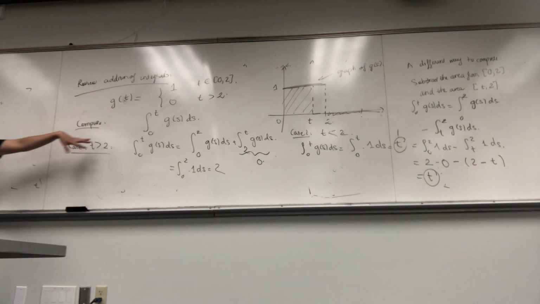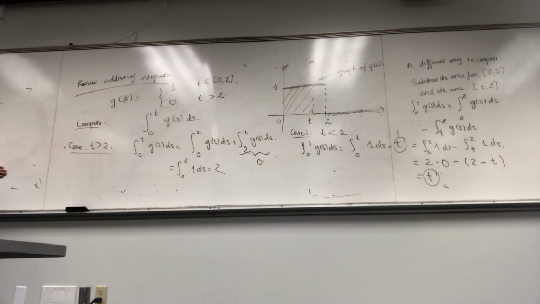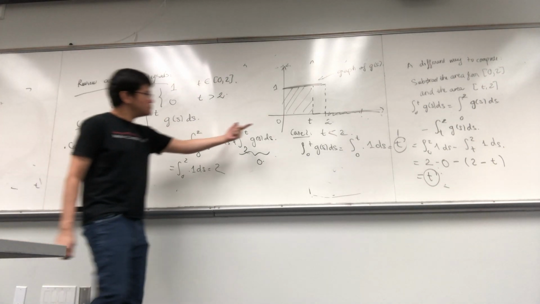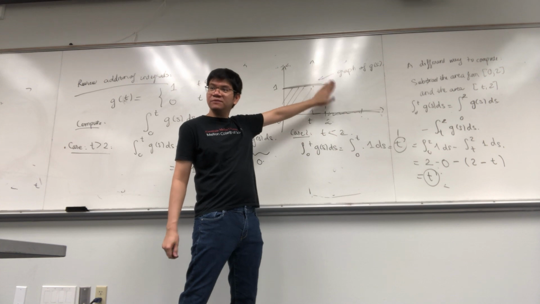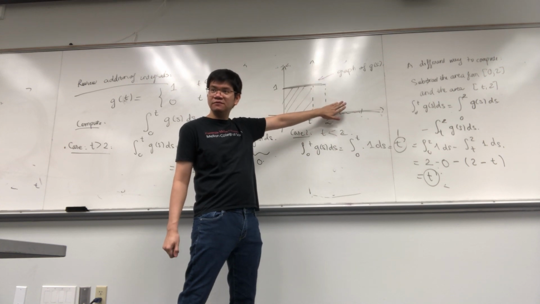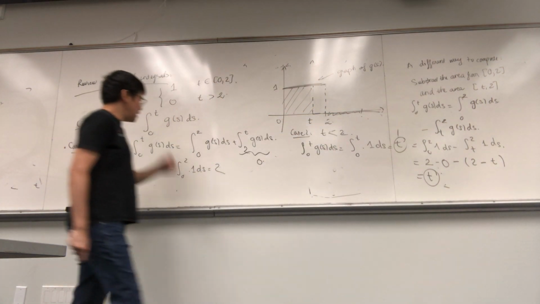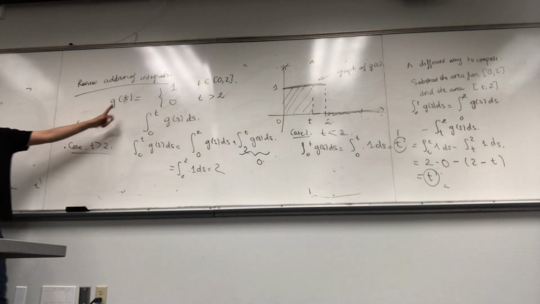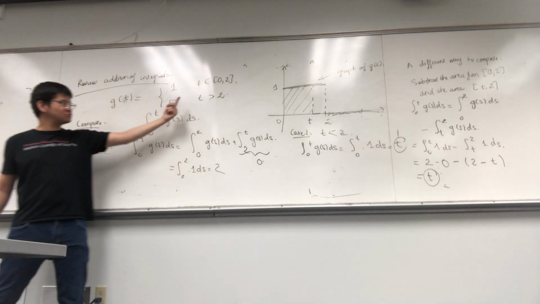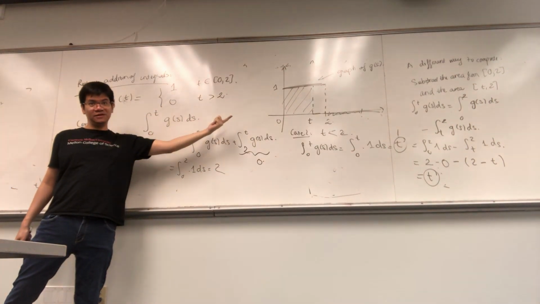Right. So basically, for integration, to avoid confusion, you just have to keep in mind that an integral is nothing but computing the area, right? So this case is a simplified version of the previous computation in which I choose g to be 1 from 0 to 2 and 0 for t bigger than 2.